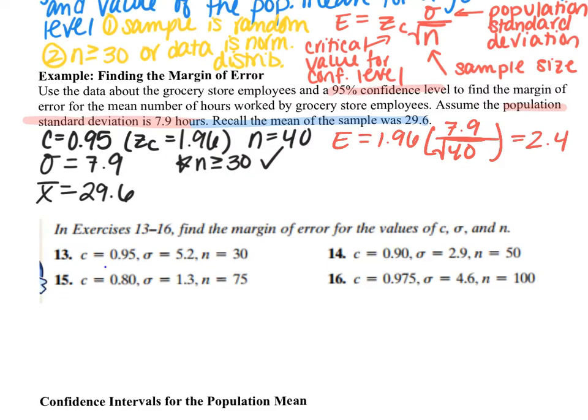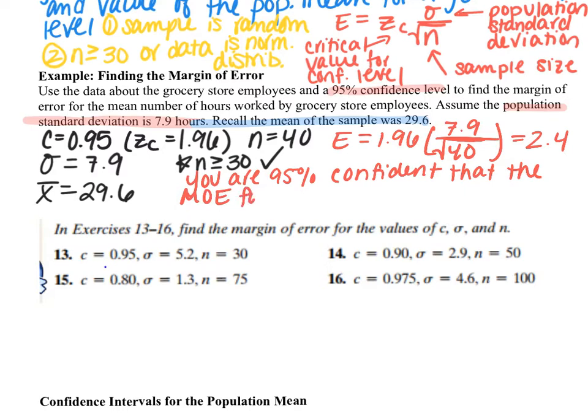So the wording with these problems is very important. I need you to word them in a specific way. The way that we would sum up our solution here is we would say you are 95% confident that the margin of error, I'm just going to put MOE, for the population mean is 2.4 hours.